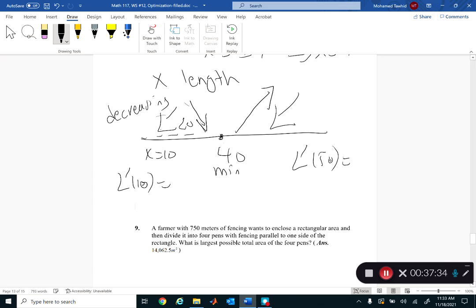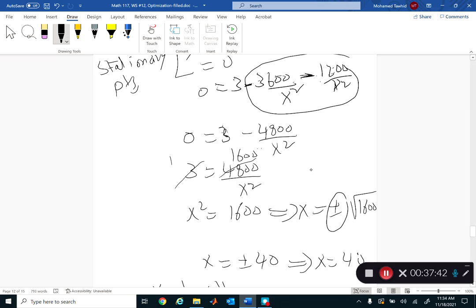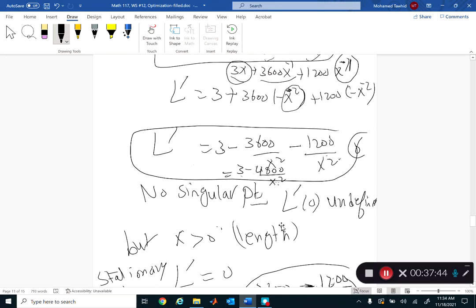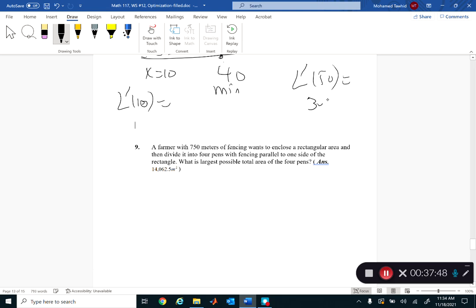If I go for 50, what is the derivative? Let me look at equation 3 minus 4800 over x squared. What is your x squared?